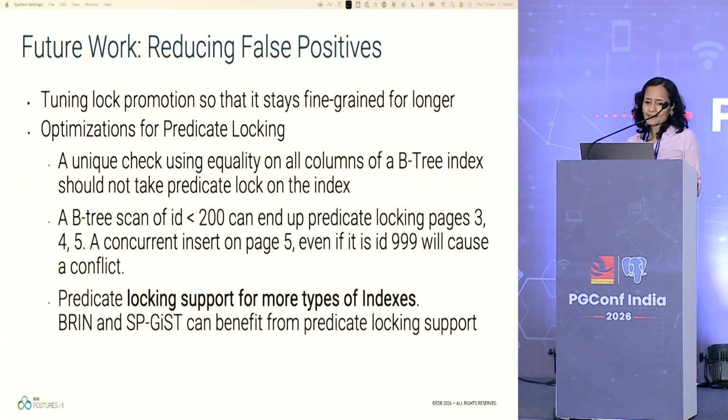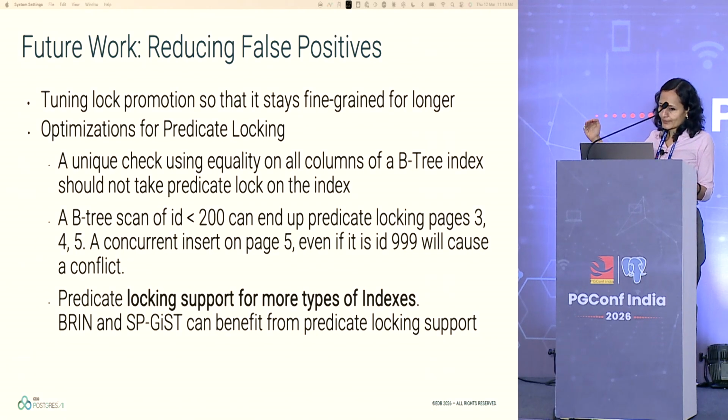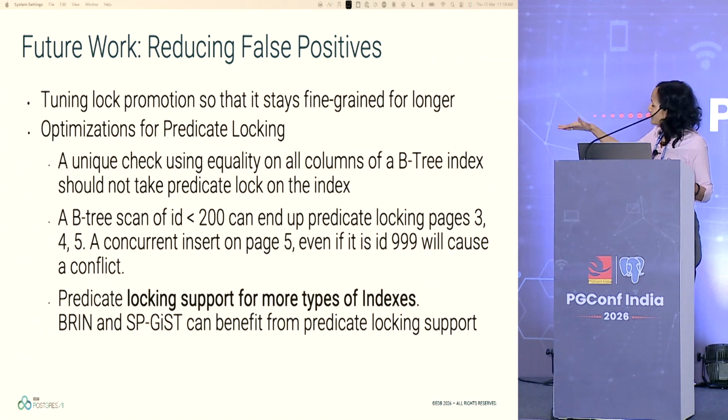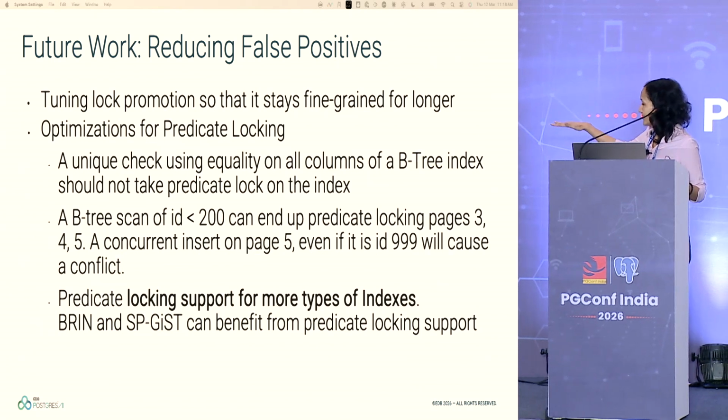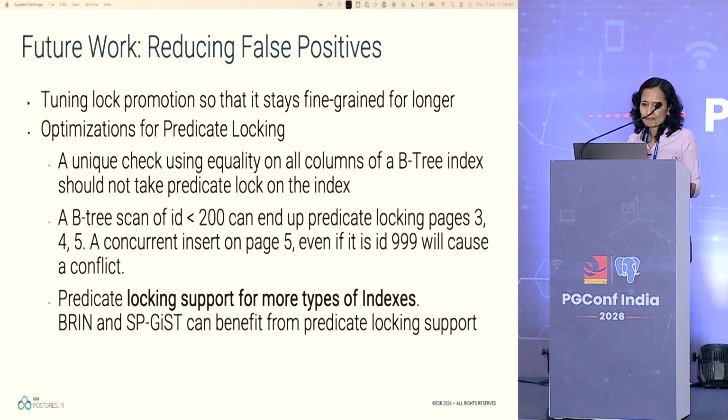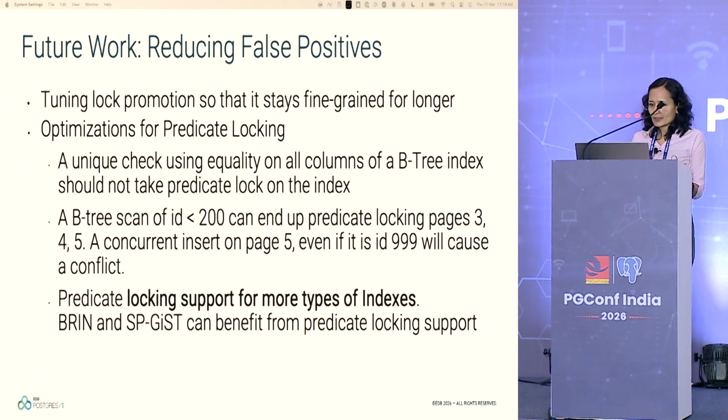A B-tree scan of, for example, less than 200 can end up predicate locking pages 3, 4, and 5. And a concurrent insert on page 5, even if it is 999, will cause a conflict. So there is a lot of room for false positives and scope for improvement here. Also, not all indexes support predicate locking with SSI.